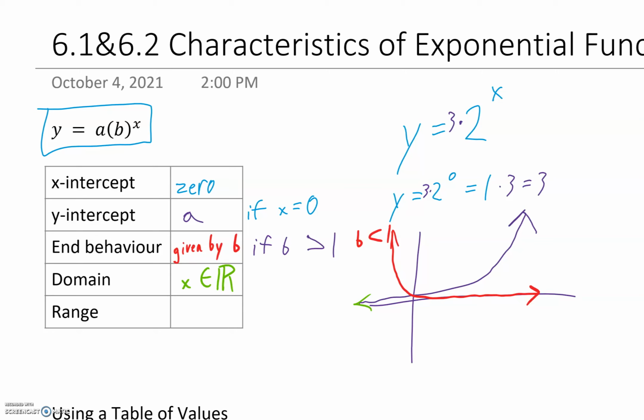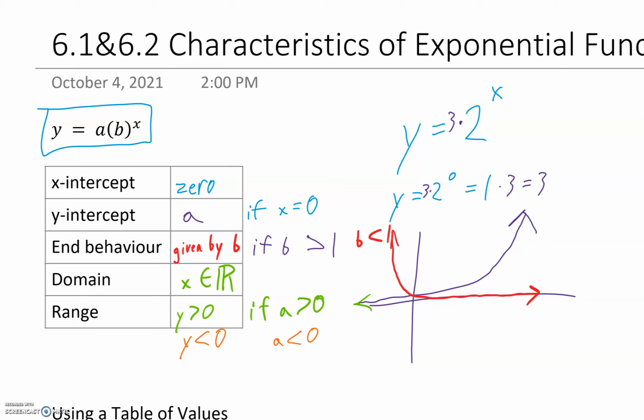And our range is given by a. If a is greater than 0, if a is positive, then our range is y is positive. If a is less than 0, then our range is less than 0 as well.